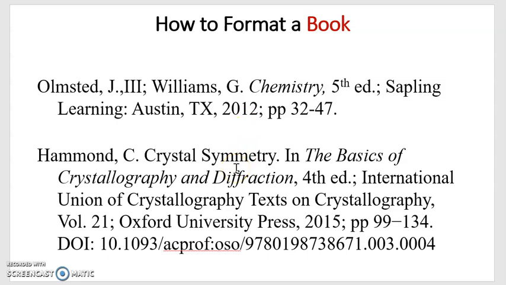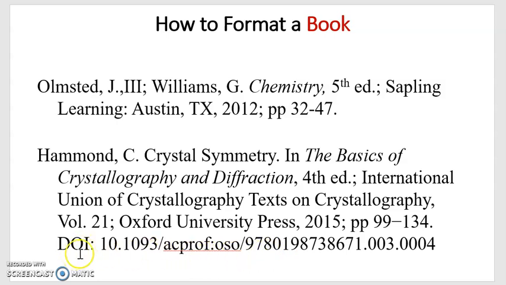Now, if you just used one chapter in a book, you wouldn't cite the whole book. You would put here the author of the chapter, the name of the chapter that you used, a period, and you would say it's in, capital I-N, and then the name of the whole book in italicized print, a comma, the edition, just like above here, with the publication information following, a year, the page range, and a DOI in this case, because this book is electronic, so it has an address in cyberspace, you would use that.